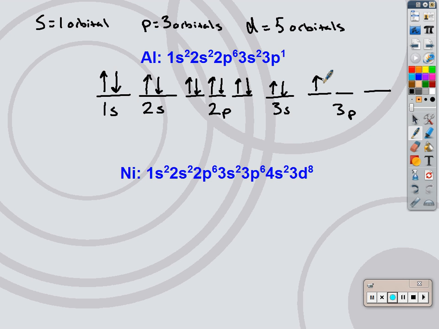Here's the thing. If there had been more than 1 electron to put in that p orbital, what the Pauli exclusion principle tells us we have to do is put 1 in each of those empty boxes first, and then come back and double them up. So let's say instead of aluminum, we had done sulfur. The only difference between aluminum and sulfur's electron configuration is that p orbital on the end.